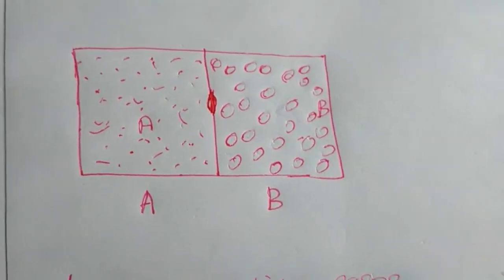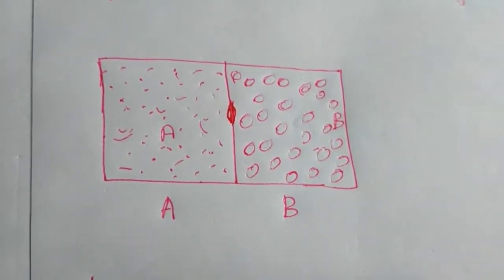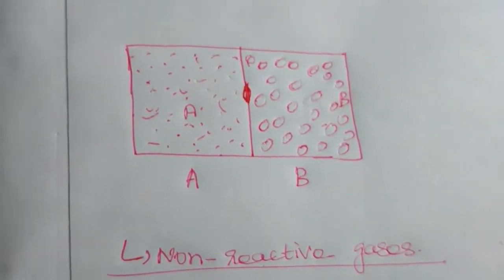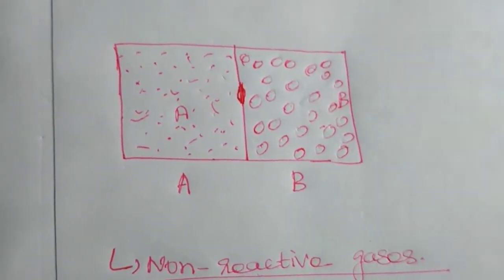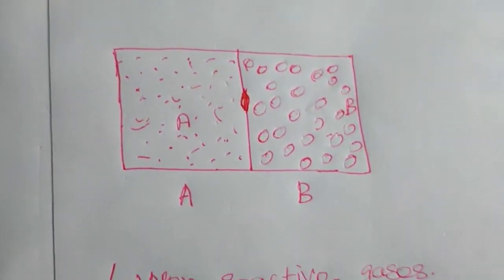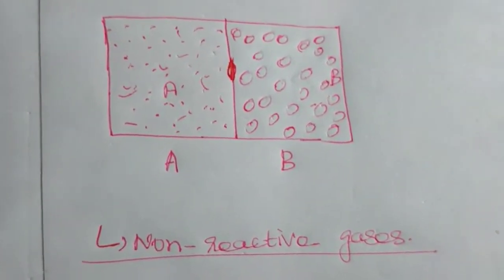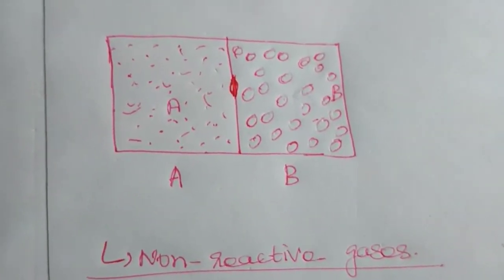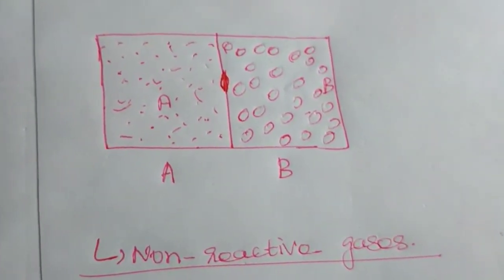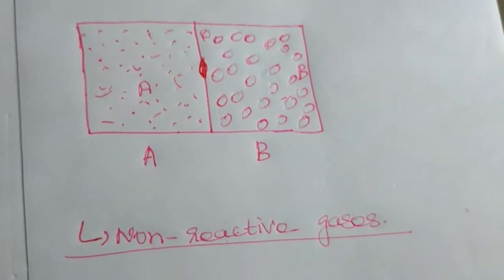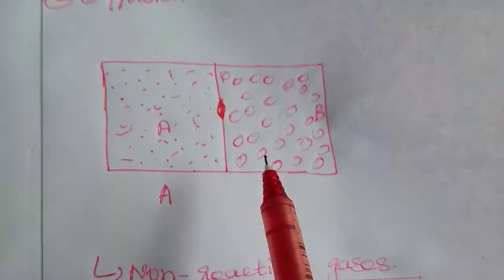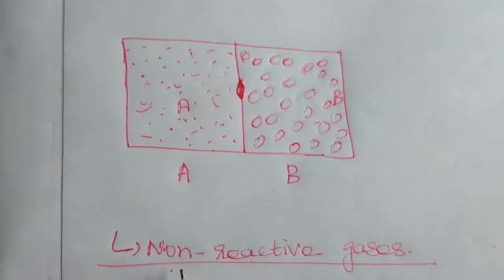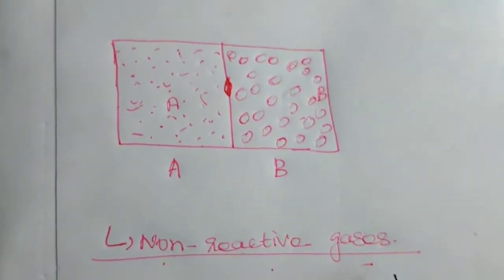Graham's law explains only the physical properties of gas particles, not the chemical properties. When two gases react together, that explains the chemical properties. So in the diffusion or effusion process, the gases should be non-reactive.